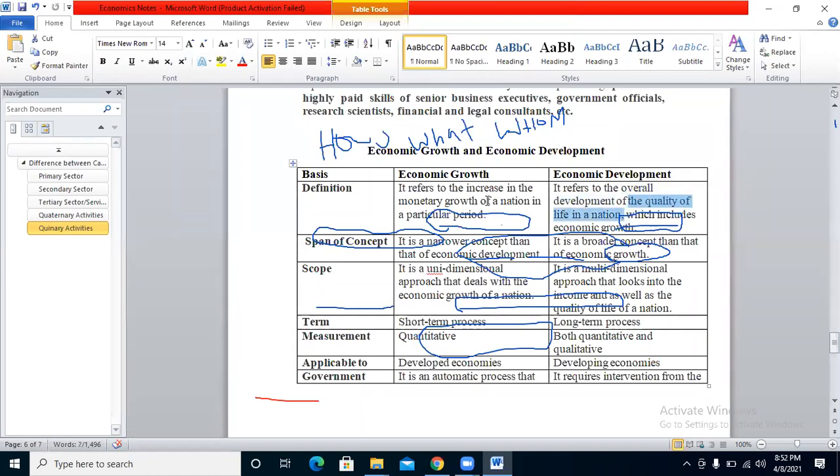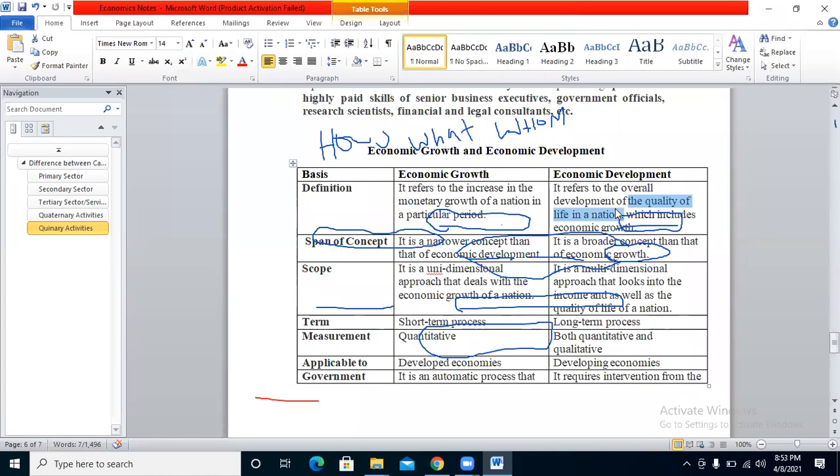Economic development focuses on the long-term process, because the quality of the nation, the quality of economic activity, or the quality of the individual cannot reach an effective level within a year.